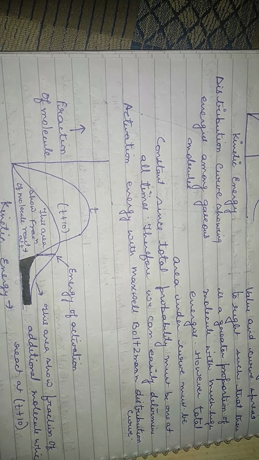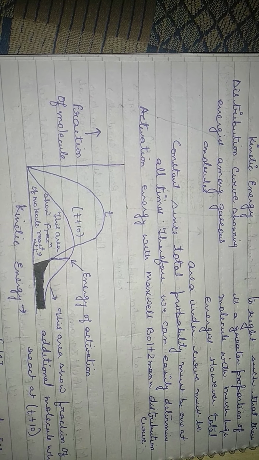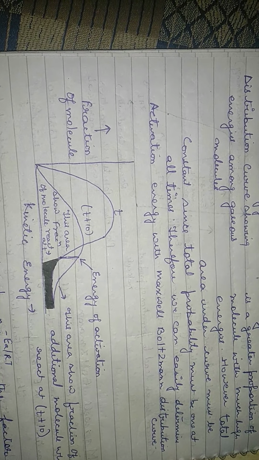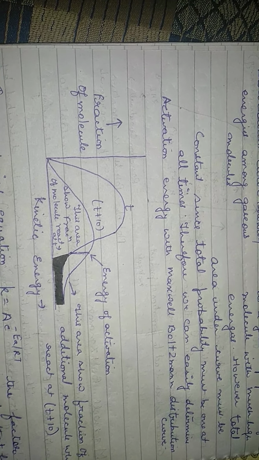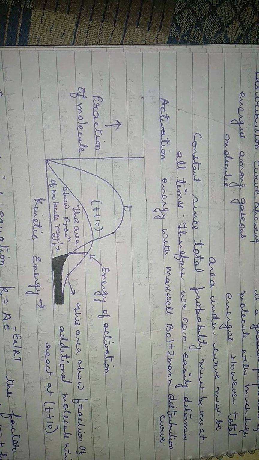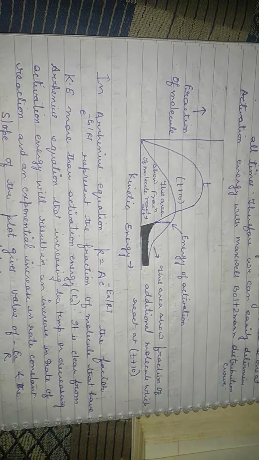However, the total area under the curve must be constant, since the total probability must be 1 at all times. Therefore, we can easily determine the activation energy with the Maxwell-Boltzmann distribution curve. So this is the importance of the Maxwell distribution curve. We can easily determine the activation energy through this.